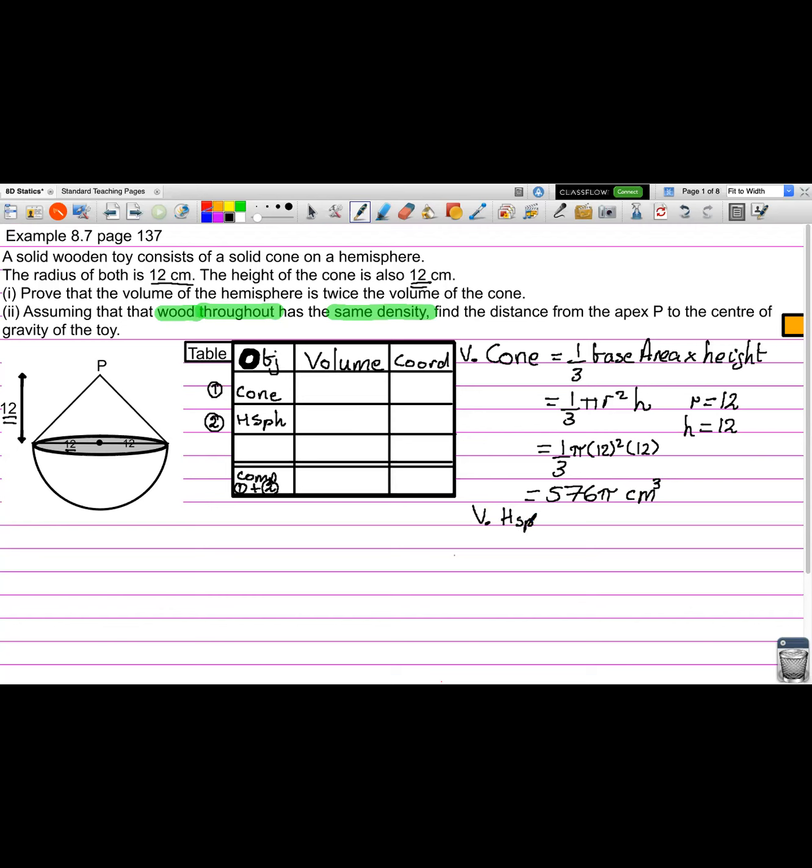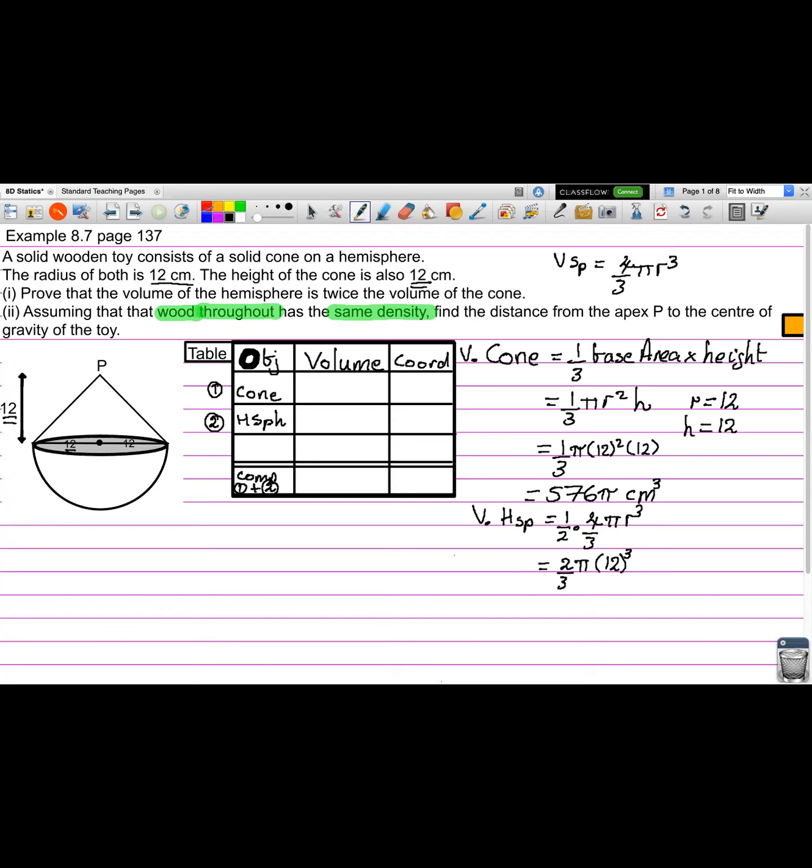Now we're going to work out the volume of the hemisphere. And again, if you go to the formula book, the volume for a sphere is equal to 4/3 pi r cubed. So therefore a hemisphere is half of this. So it's a half of 4/3 pi r cubed. So therefore it's going to be 2/3 pi, now the radius is 12, so it's 12 cubed.